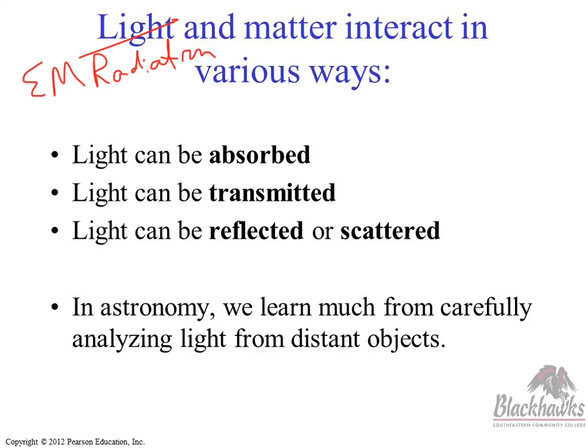Sending it can be random, which we call scattered, or it can be like a mirror. If you look at a mirror, you know what direction the light is going to return in. This is important to astronomy, to understand these things.